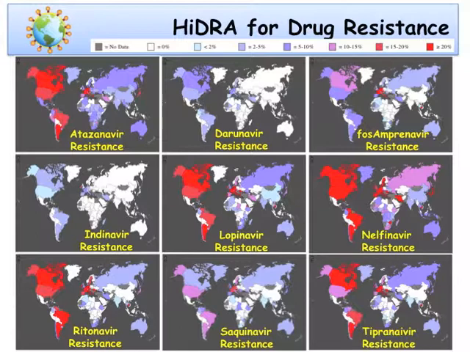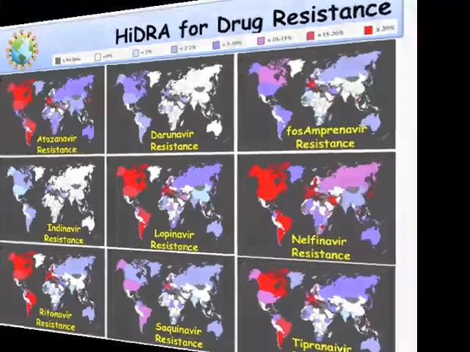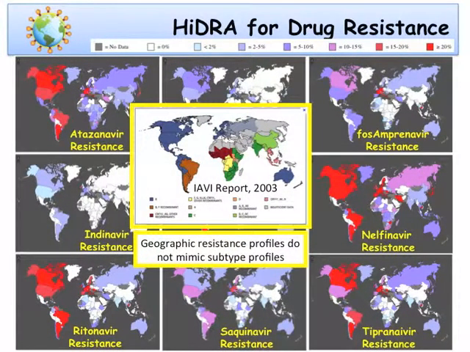And we wondered if maybe the resistance matched the prevalence of subtypes that occur in the different countries. But when we compared it to the distribution of subtypes by geography, it didn't turn out that way.